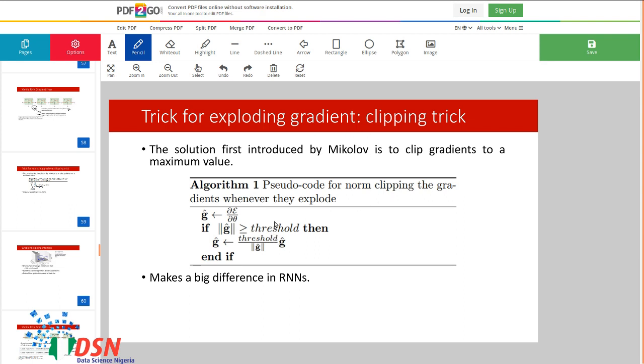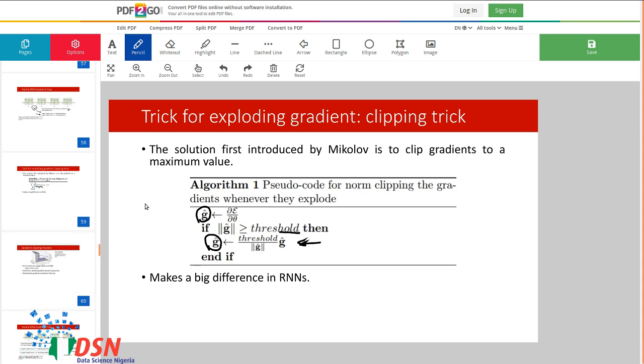We set a threshold, and when we calculate the gradient, we check if the norm of the gradient is greater than the threshold. If so, we make the norm of this gradient unit, and we just take a unit step in the direction of that gradient.